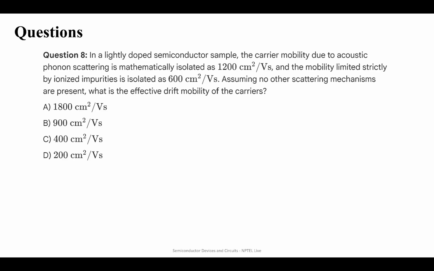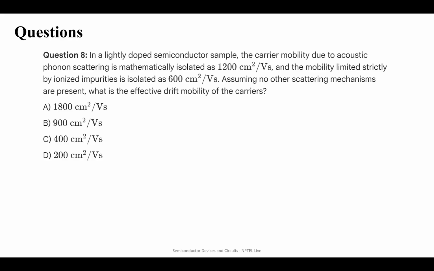Next question. In a lightly doped semiconductor sample, the carrier mobility due to acoustic phonon scattering is mathematically isolated as 1200 centimeter square per volt second, and the mobility limited strictly by ionized impurities is isolated as 600 centimeter square per volt second.